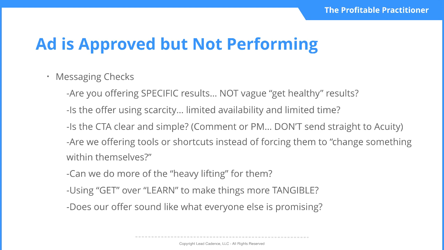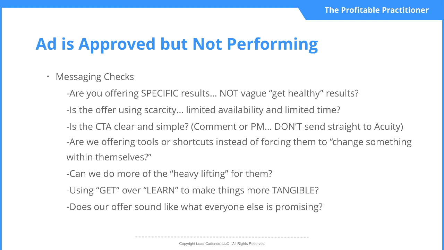Are we using "get" over "learn" to make things more tangible? It's always better if somebody can get something rather than learn something. I remember hearing a golf example where somebody would rather spend $2,000 on a new set of clubs to help them knock a few strokes off their game than spend $2,000 on golf lessons to knock a few strokes off their swing.